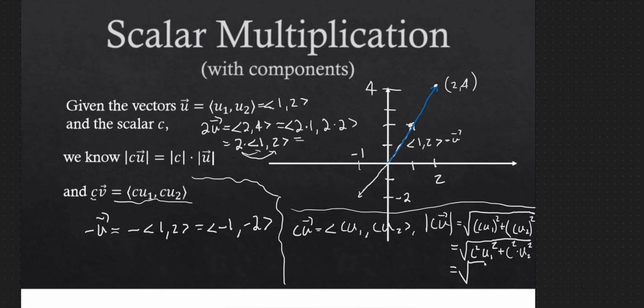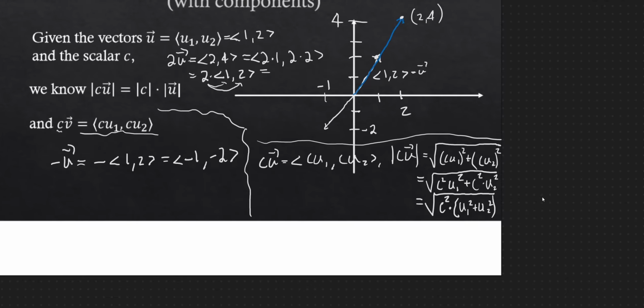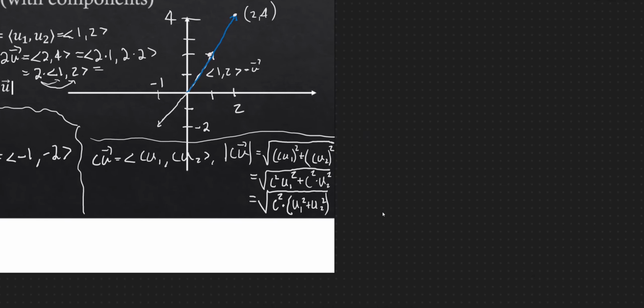So this is now the square root of c squared times (u1 squared plus u2 squared). And that's looking pretty good. Let's keep going with this. I now have a square root of a product. I can separate this: square root of c squared times square root of u1 squared plus u2 squared.